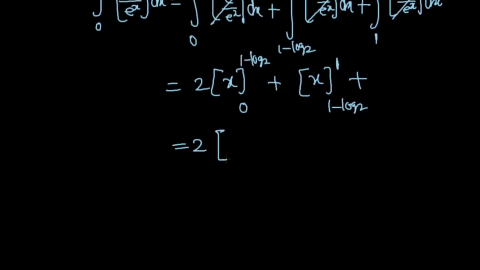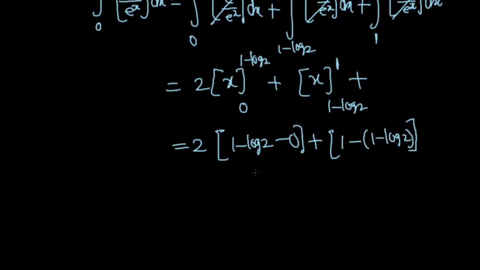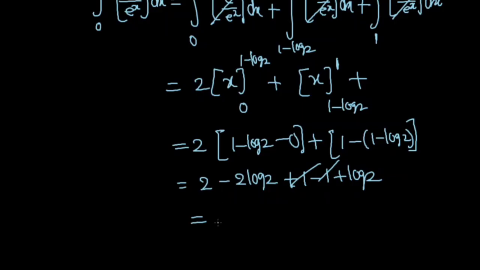So 2 times upper limit substituted, 1 minus log 2, lower limit is minus 0, plus upper limit 1 minus lower limit 1 minus log 2. So 2 into 1 is 2 minus 2 log 2, plus 1 minus 1 plus log 2. So 2 plus 1 minus 1 cancel: 2 minus 2 log 2 plus log 2.